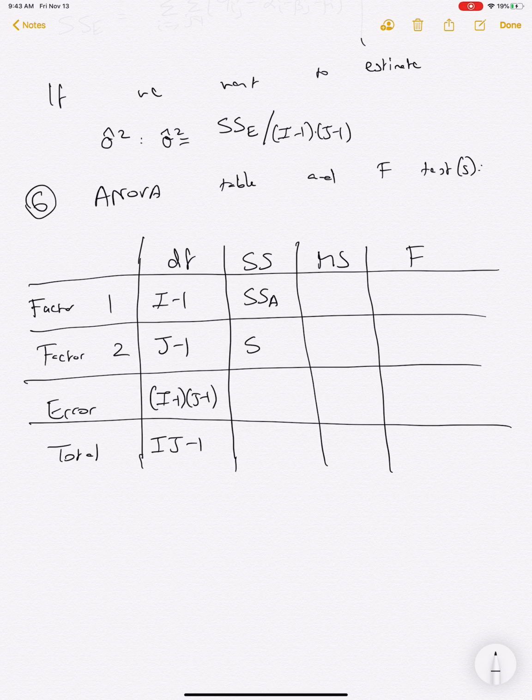For the sum of squares, we've already gone through that. It's SSA, SSB, and then SSE, and then we have the SS total. As I mentioned, in these columns the total should be the sum of the three before. And then for the mean squared, we have these three mean squares that are important.